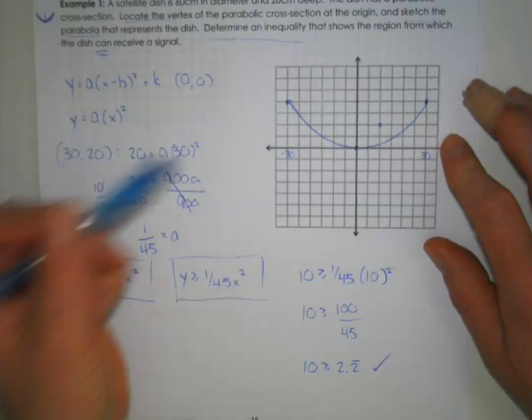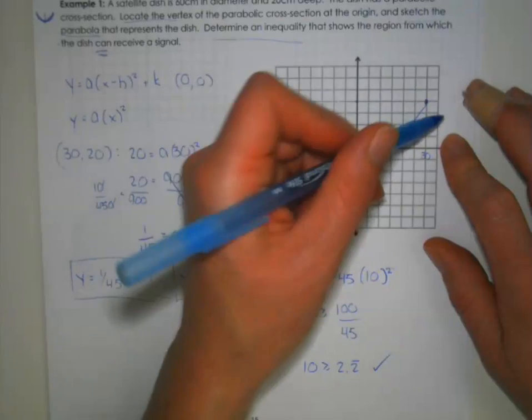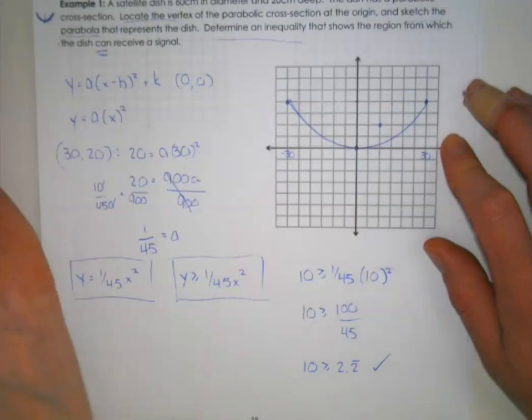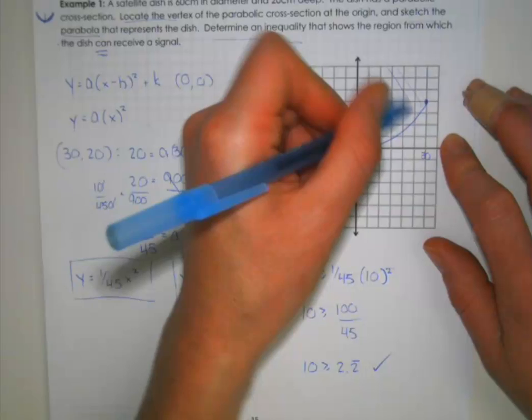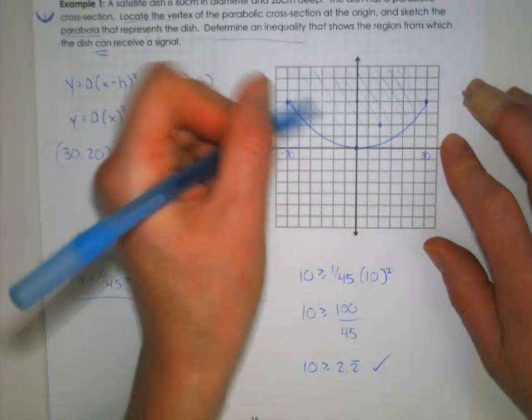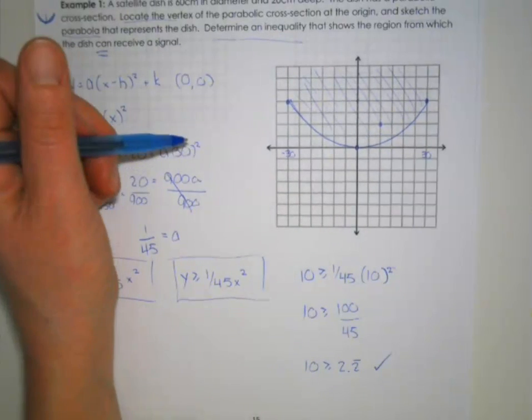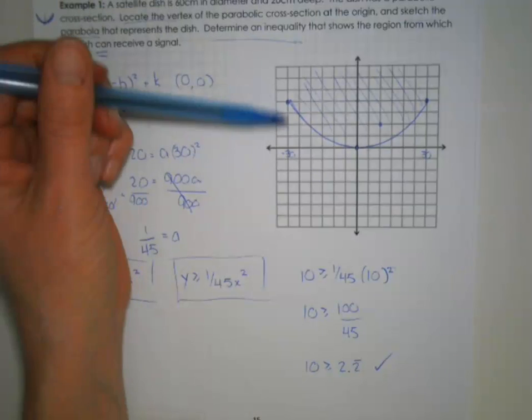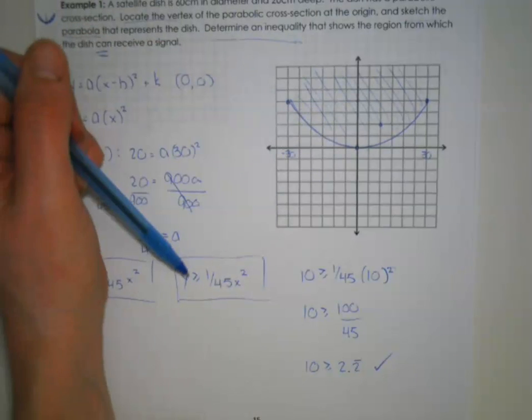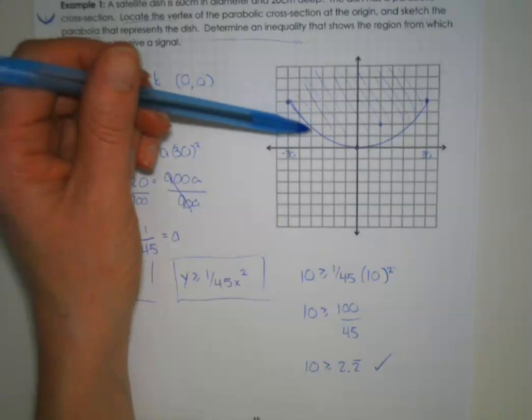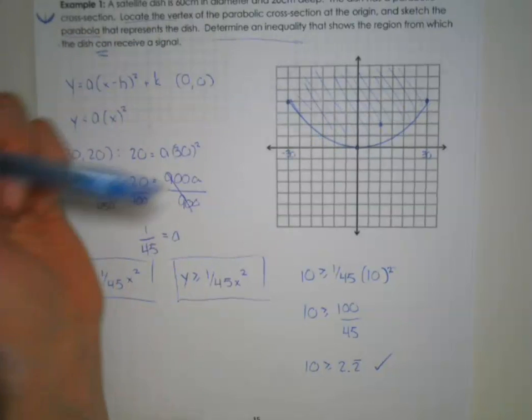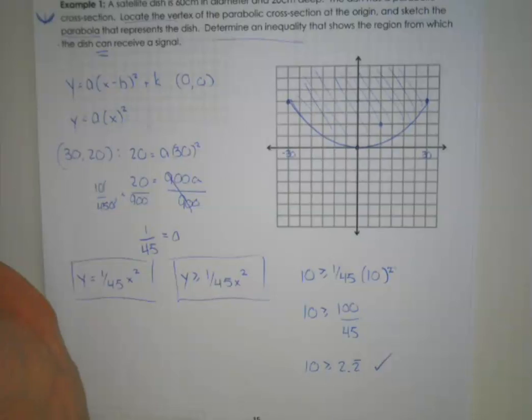And it also means that in terms of shading, we would shade the area above the parabola. The other thing we can confirm is that we drew our line properly. Because it's greater than or equal to, it's good that we used a solid line to draw our parabola. So we've confirmed that everything is good.